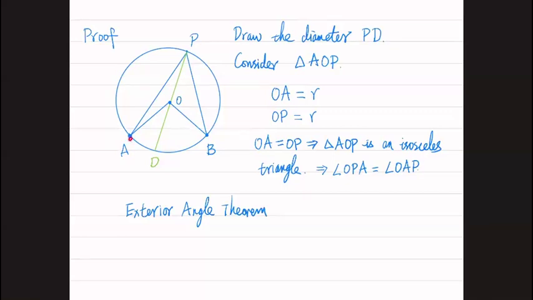In the triangle AOP, this angle AOD is an exterior angle of the triangle.